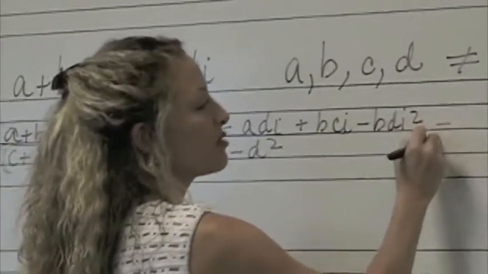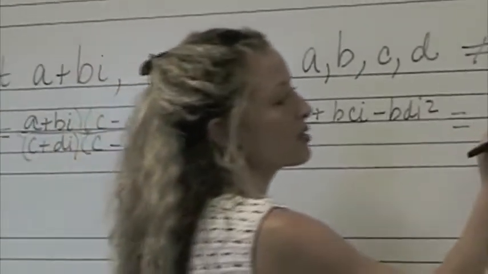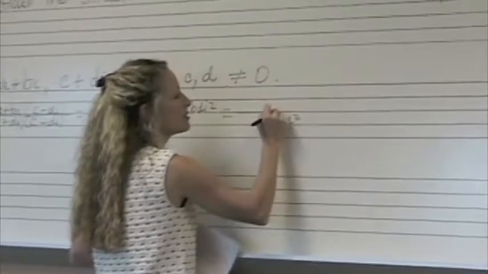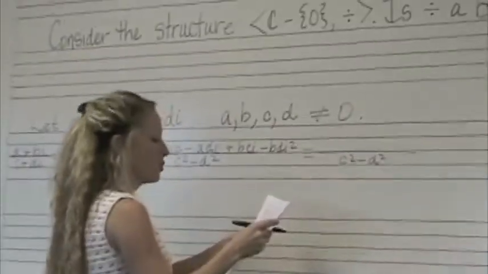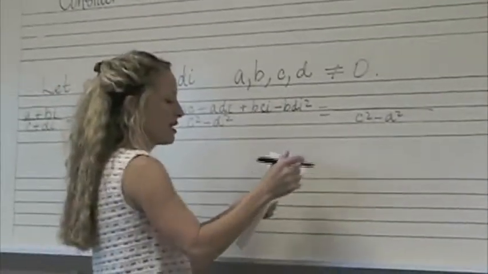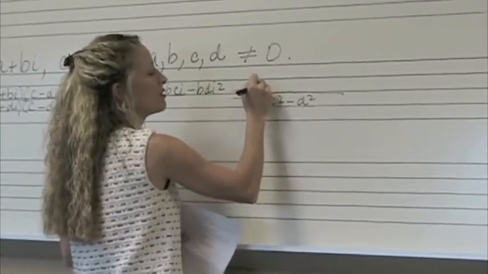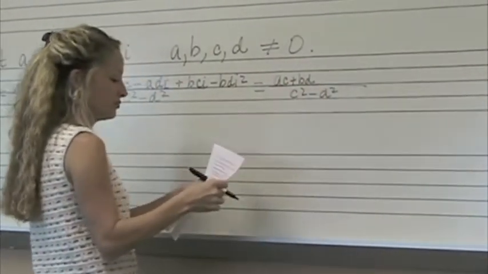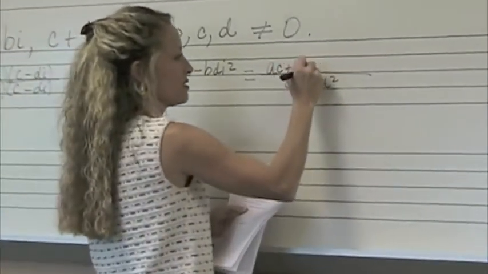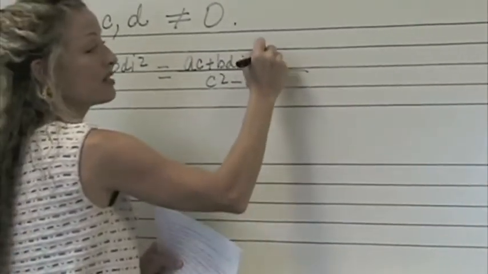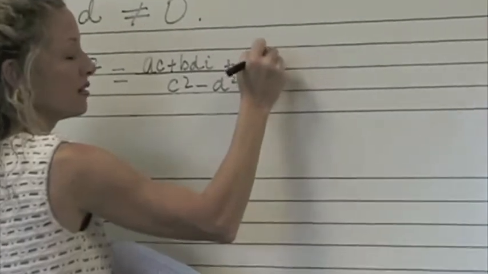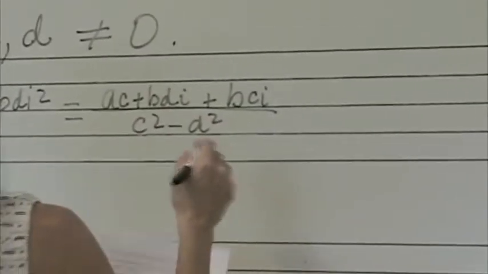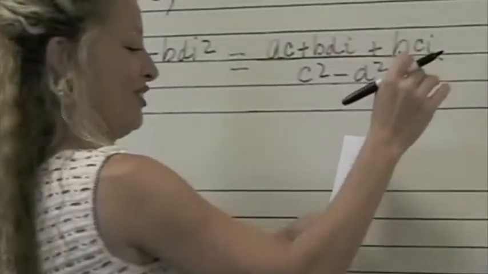Now let's simplify if we can. We know we have a difference of 2 squares on the bottom, c squared minus d squared. And on the top, we can simplify AC plus BDi plus BCi, no, I'm writing the same thing again.